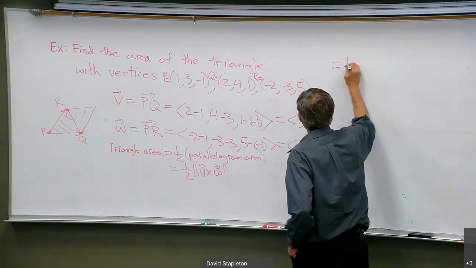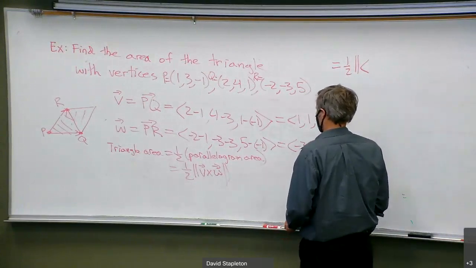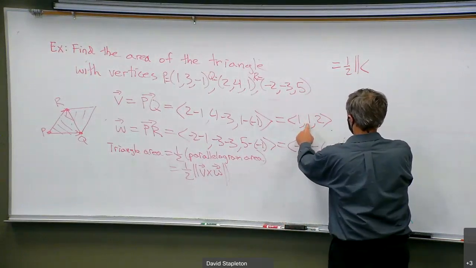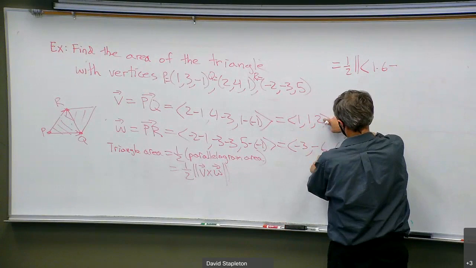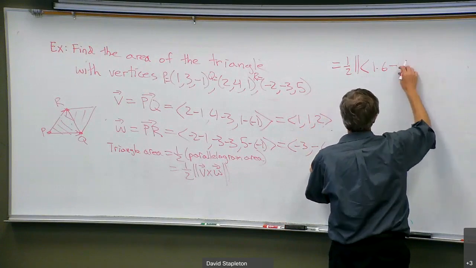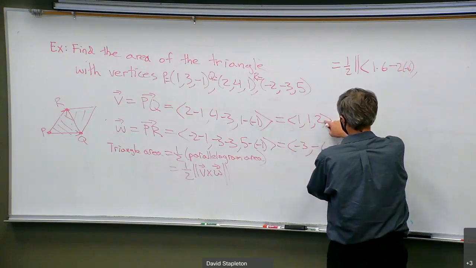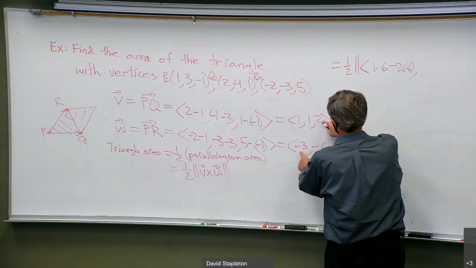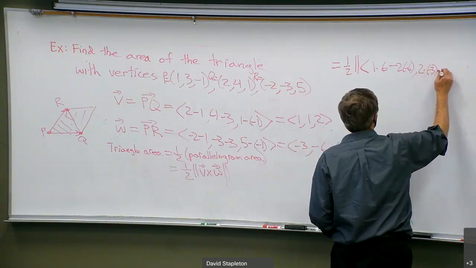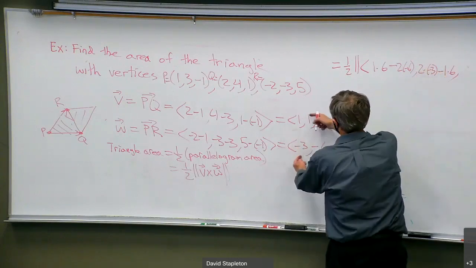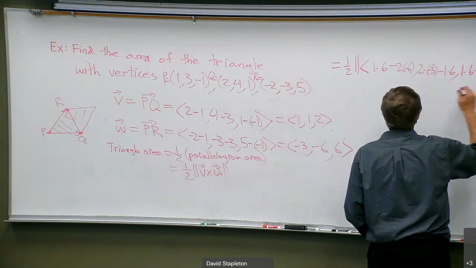So this is equal to 1/2 the length of, and I'll take 2, 3 minus 3, 2. So it's 1 times 6 minus 6 times 2. Or 2 times minus 6, I should put it. Doesn't matter. Then I'll take 3, 1 minus 1, 3. 2 times minus 3 minus 1 times 6. And then 1, 2 minus 2, 1. 1 times 6 minus 1 times minus 3.